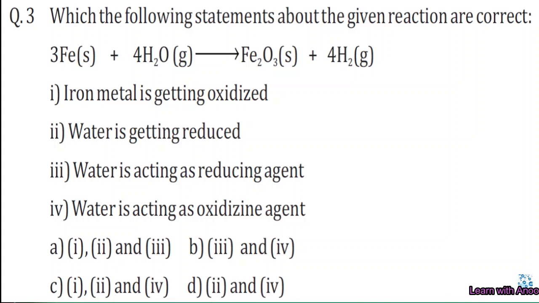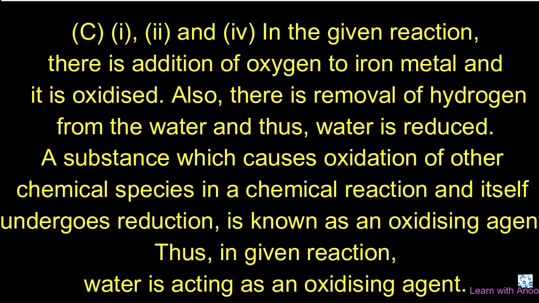Options: A, statements 1, 2 and 3. B, statements 3 and 4. C, statements 1, 2 and 4. D, statements 2 and 4. Here option C is the correct answer.